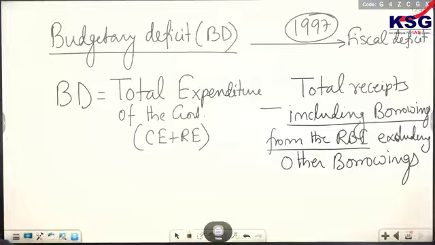Fiscal deficit is the better measure of deficit overall that we are talking about. Clear? Clear, dear? Fine.